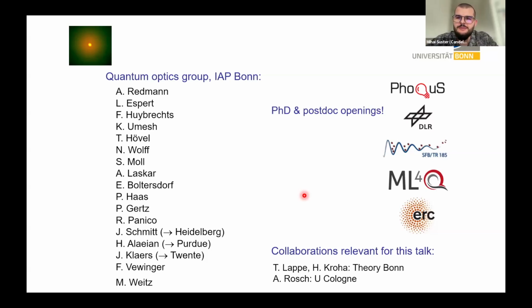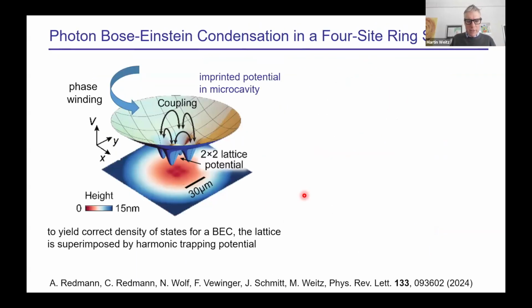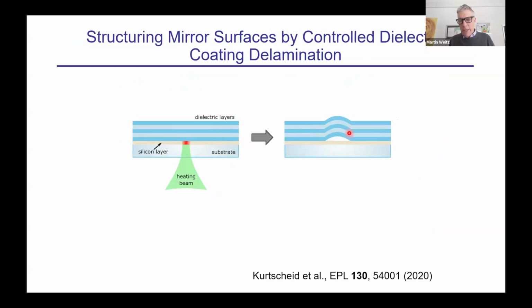Okay, thank you. We have a second question. Lattices for atoms are realized optically. Are there any clues on how to realize them for photon BECs? Oh, yes. We realized potentials, and the best way to do that probably is by mirror shaping, as I've been talking about, by delaminating at different positions.